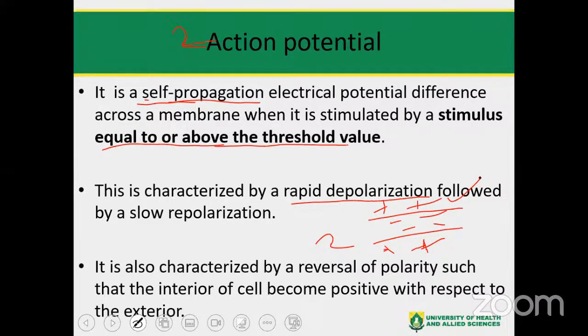Okay, J's hand is up. Let me see what is there. Yeah, J, you're on mute. Yes, Doc. So I want to be sure I get the concept of the local or graded potential and the action potential.